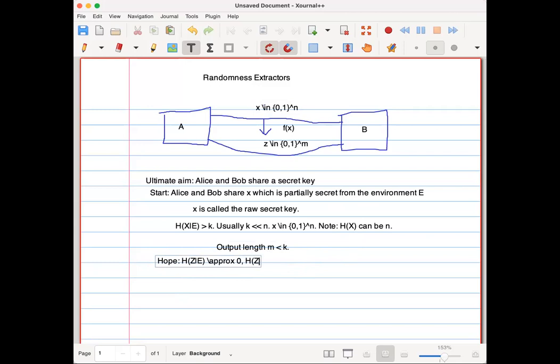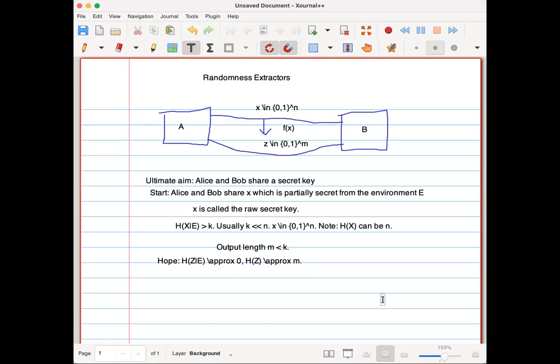So I should also add that h of Z is near m, whatever the output length. So this is the aim of the randomness extraction. And then Alice and Bob can use Z as the secret key for future private communication.